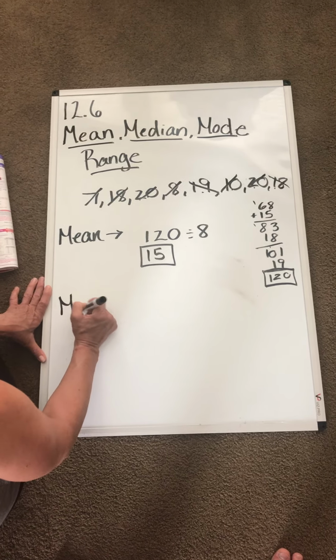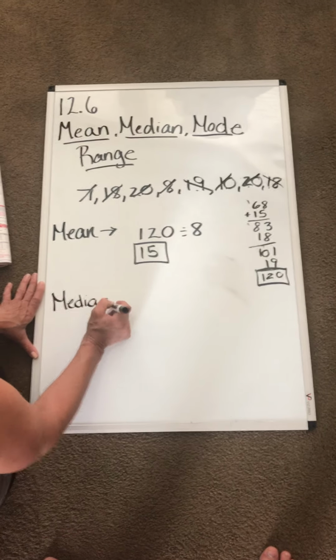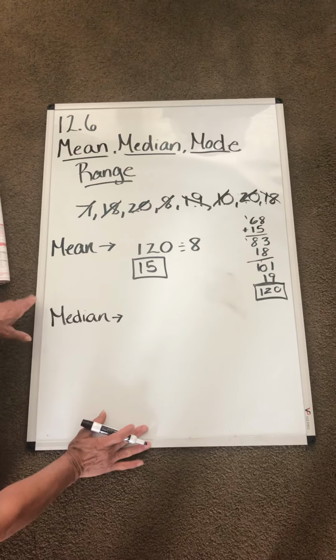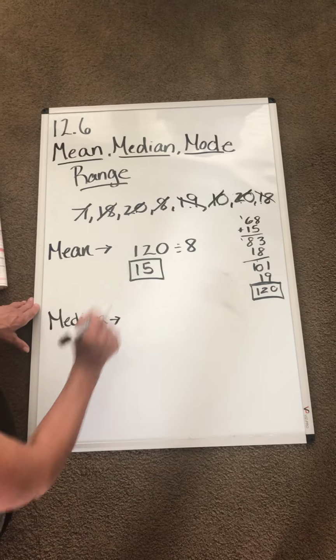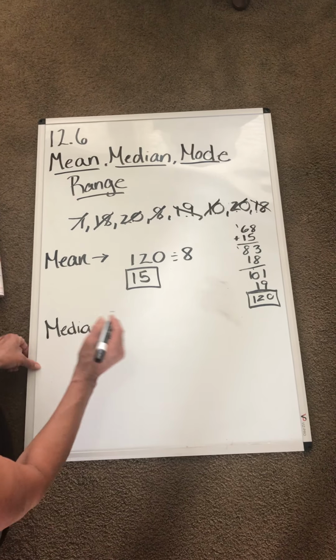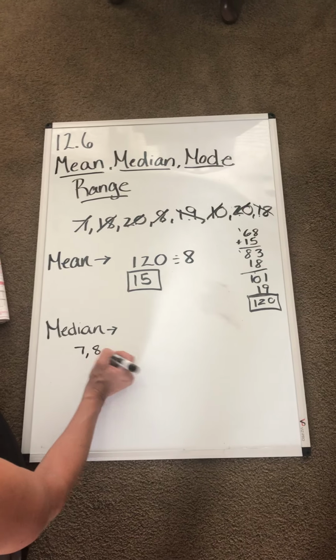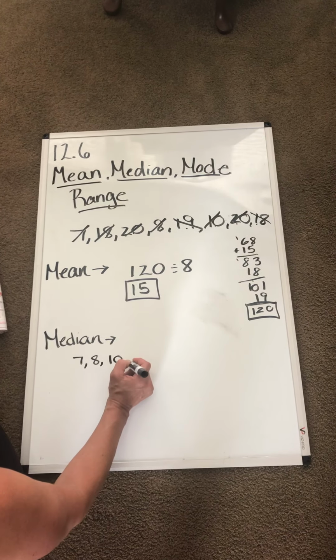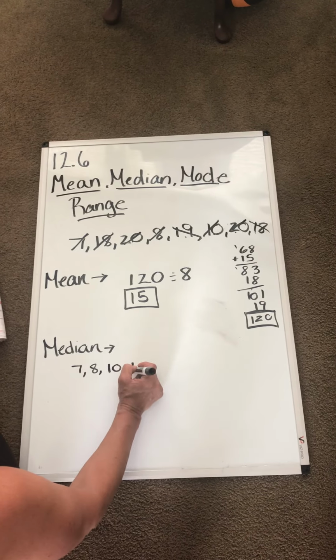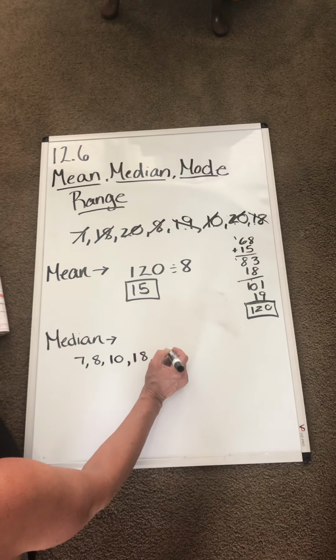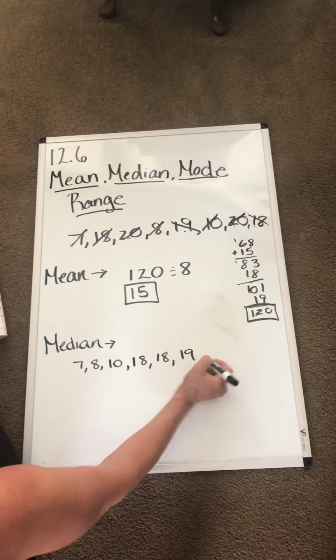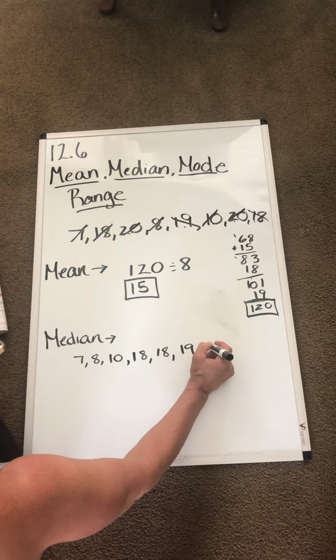And if you remember, I told you that the median is the middle number in the data set when they are in order. So you have to go back to your numbers and put them in order from least to greatest. So we have 7, 8, 10, 18, 18, 19, and 20.